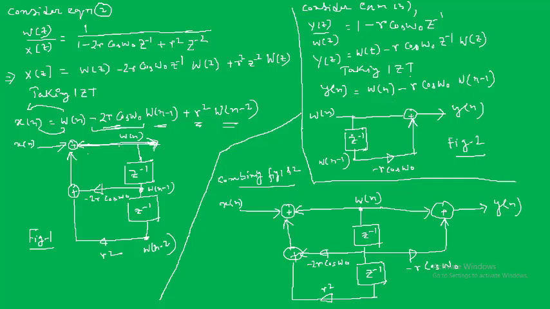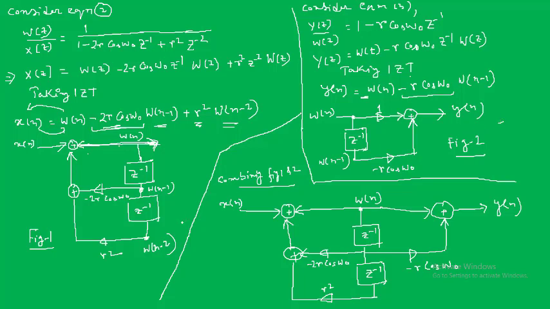So only one delay element we are using. Here we have w of n, which does not have any coefficient, so the coefficient is 1. You can draw it in this way, or you can put it like this. Both are correct. And in the second case, we have this as the coefficient, r cos omega naught. So this is my figure 2.